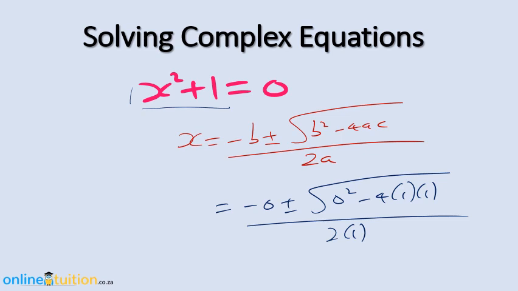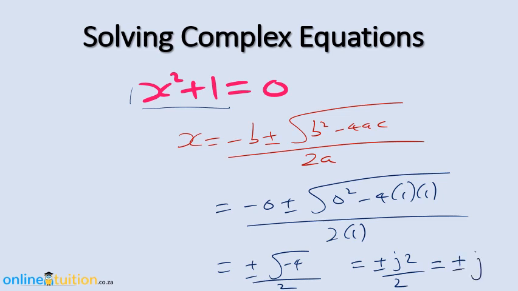So if I simplify that, that's just going to give me plus or minus, if you have a look, the square root of minus 4 all over 2. Square root of minus 4, we now know that's going to be plus or minus j2 all over 2. And straight away, we have two solutions as expected, plus or minus j.